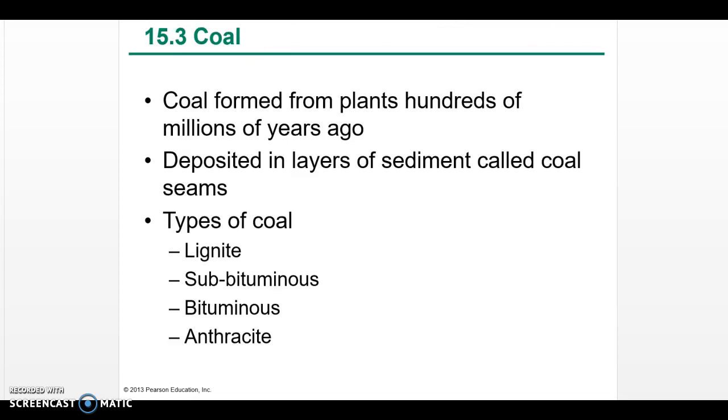The first one is coal. Coal is formed from plants hundreds of millions of years ago. It is put under extreme pressure from the rocks, etc., pushing down on it, and what happens is it becomes this viscous material.